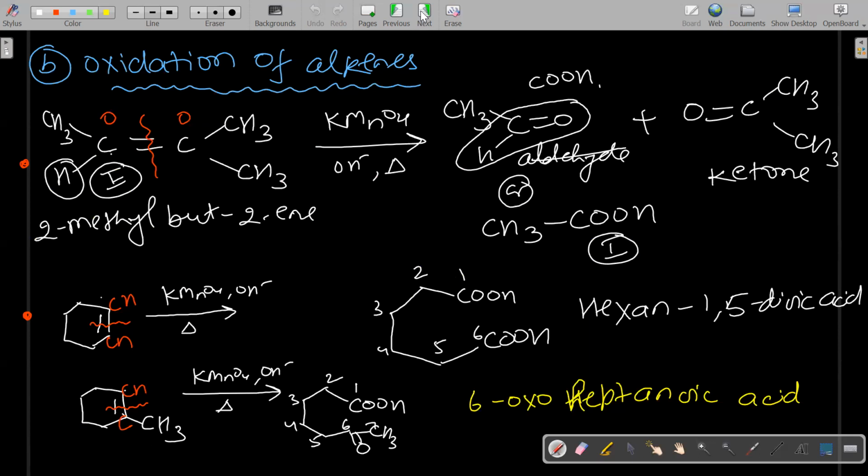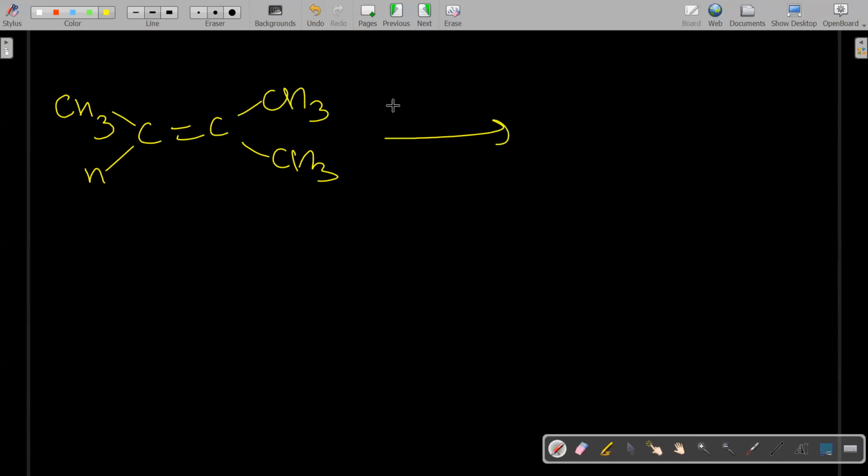If suppose we take the dilute KMnO4 like this, which I have written, okay. So when we are adding hot and concentrated alkaline KMnO4, then the bond is cleaved over there and we are getting this product.